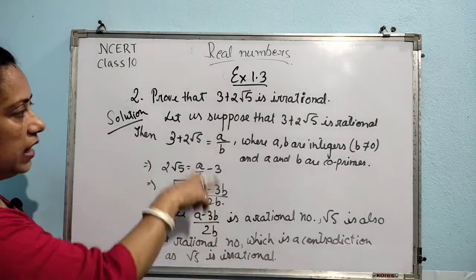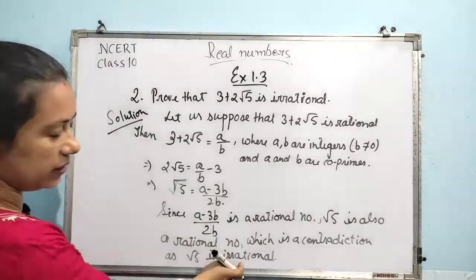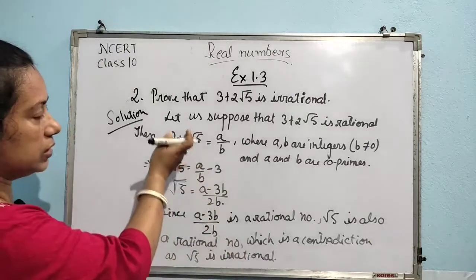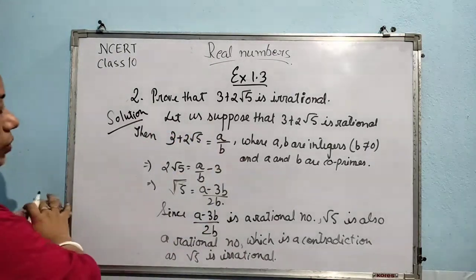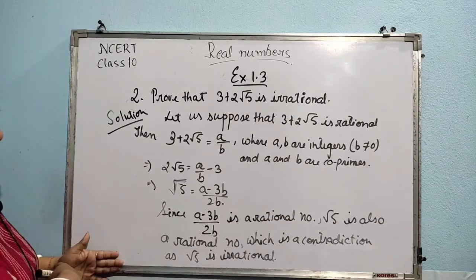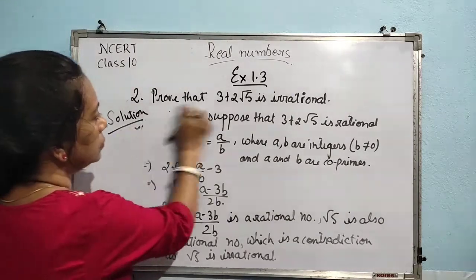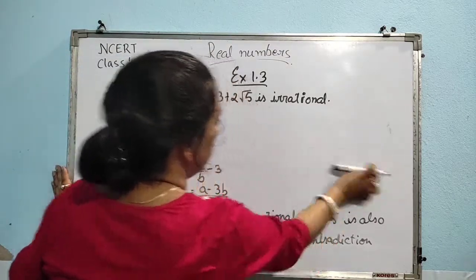So whatever we have considered, hence we are arriving at a contradiction. So whenever we are arriving at contradiction, we have to consider that whatever we have supposed is wrong. Okay, so what next? Take it down. So what we will say now?